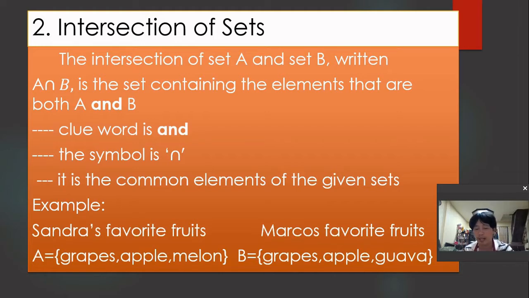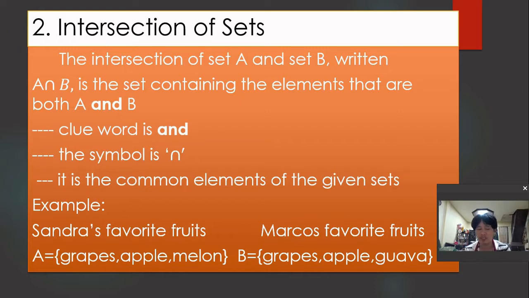Okay, example. Still the same so that you can differentiate. Sandra's favorite fruits and Marco's favorite fruits. It was listed here: in set A, the grapes, apple, and melon, and Marco's favorite fruits, grapes, apple, and guava. Now, let me ask you, what are the fruits in which they are common? Sandra and Marco, what are the fruits that they have in common?